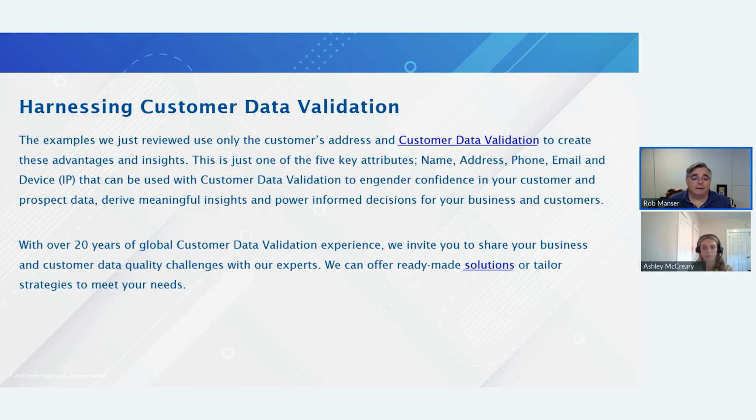And if you can apply customer data validation to any or all of those pieces of the customer data profile, you're really going to gain more confidence in your customer and prospect data. You're going to drive even more meaningful insights that are going to power informed decisions for your business and customers. And we've been at this for about 20 years, actually over 20 years.